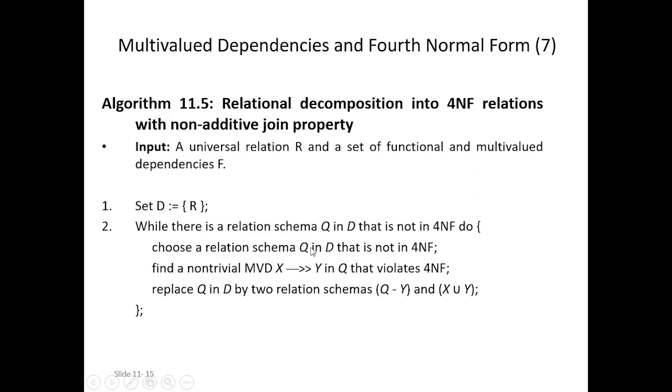Choose a relation schema Q in D that is not in 4NF. Find a non-trivial MVD X to Y in Q that violates 4NF. Then replace this Q in D by 2 relation schemas: Q minus Y and X union Y.